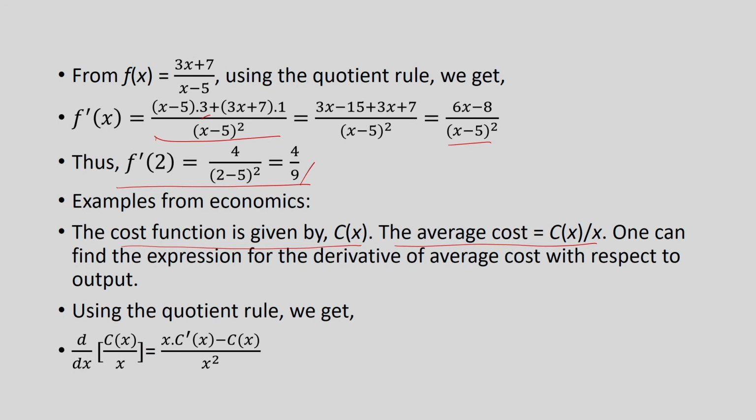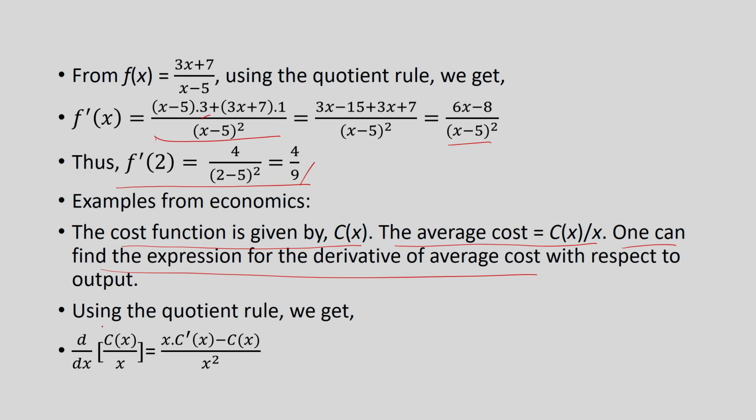That gives us the cost per unit of output, and that is called the average cost. Now, one might be interested to find out the derivative of the average cost, and here the independent variable is the output level. So, we have to take the derivative of the average cost with respect to the output level.